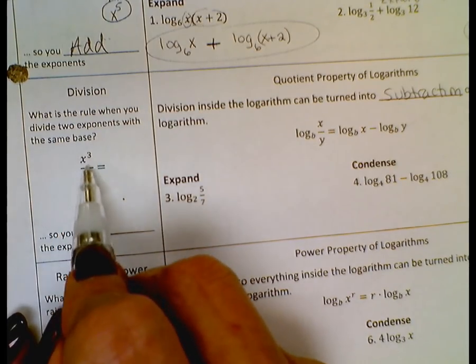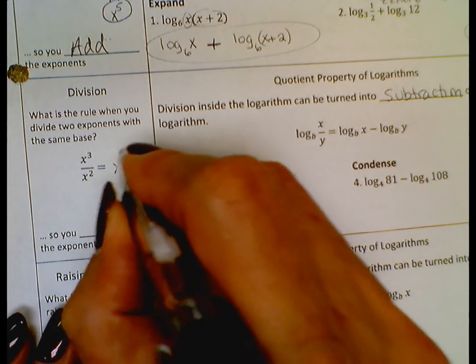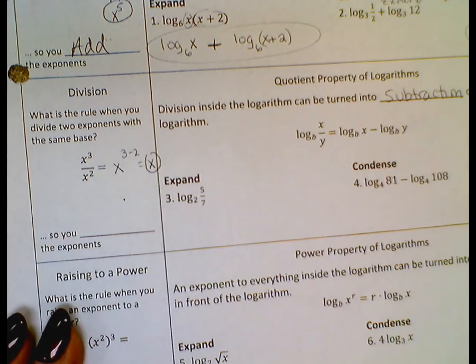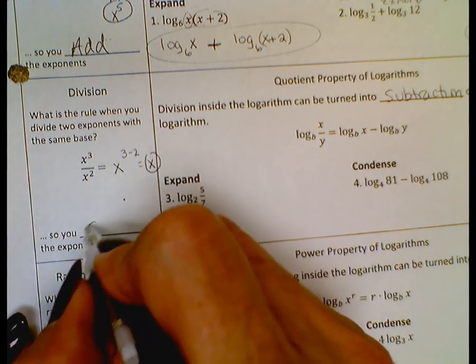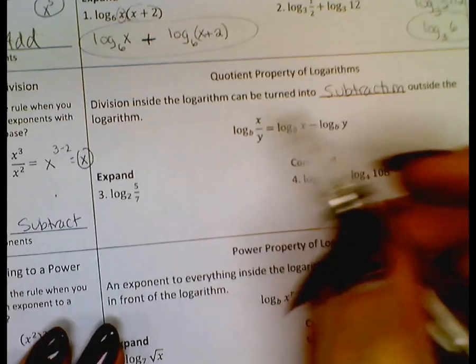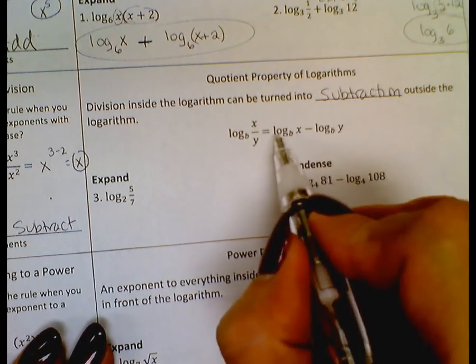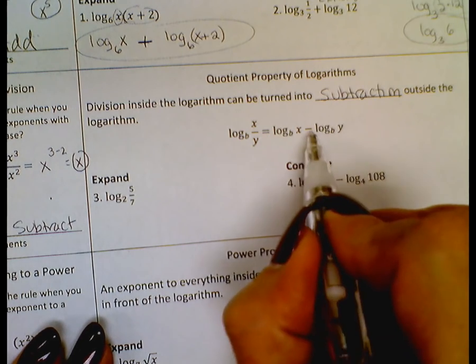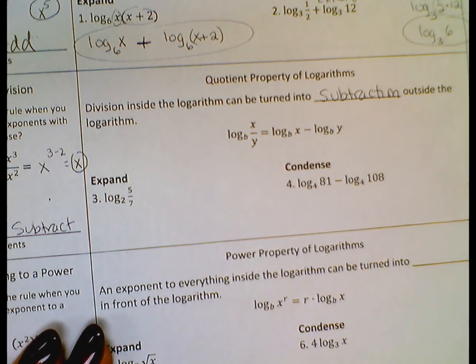When you're dividing x cubed by x squared, you write the base once and you subtract the exponents. And you just get x. So you subtract the exponents. So when you see division, you are really going to write it on one single line here. You're not going to write it as division. You're going to write subtraction instead of division.